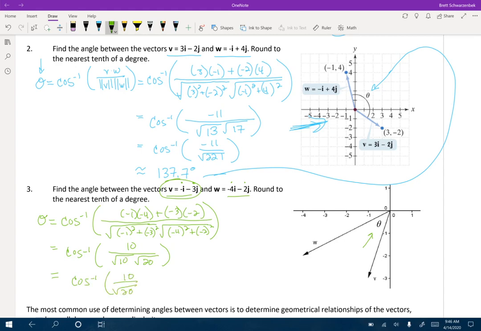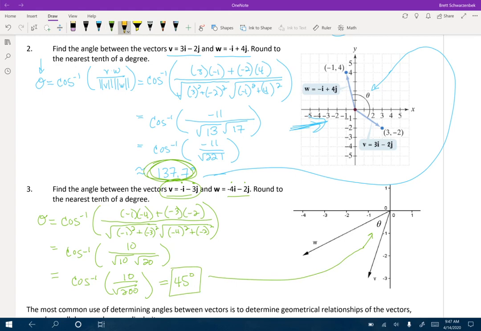Now, something interesting happens when you put this in the calculator, something probably unexpected. Obviously, the majority of the time when you do these problems, you're going to get some approximate decimal answer. It turns out that when you sub this into the calculator, you get exactly 45 degrees. So 45 degrees is a very familiar value for you guys.